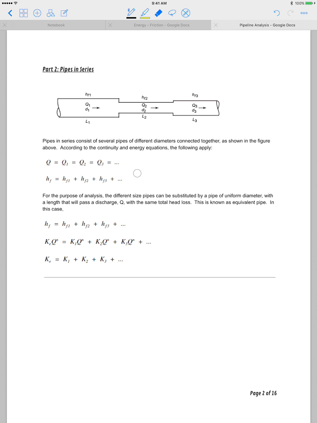This is a bit confusing maybe, but essentially what you really need to walk away with from a conceptual point of view is that the Q is the same throughout, and the friction loss is added up across the length. Converting all this into K, Q to the N, etc., we'll learn how to do a little bit more when we work out some example problems.